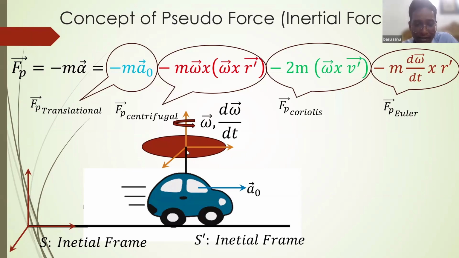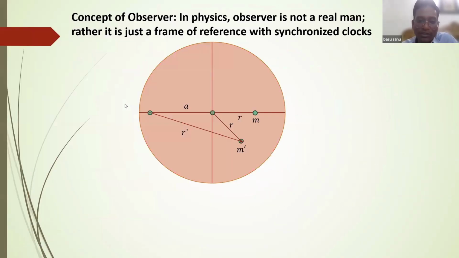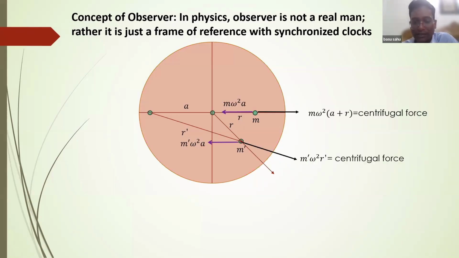You can see here this axle is accelerating with a naught. That's why this pseudo force of translation is coming out. That means in a disk, in any rotating frame in general, there are 4 components of force. This is a very important question, but I am leaving it to you as an assignment.